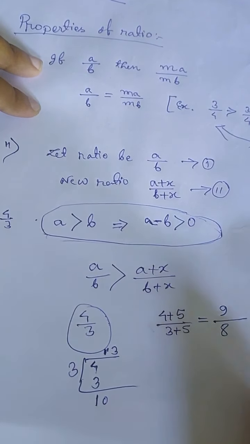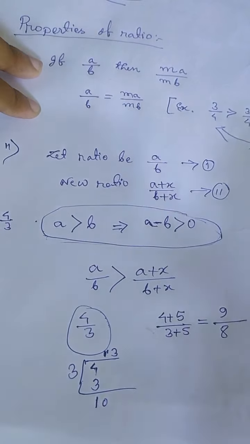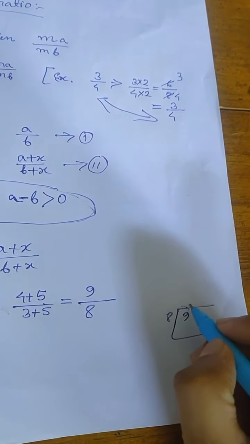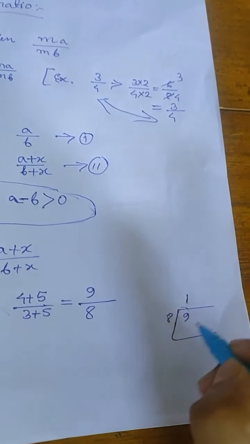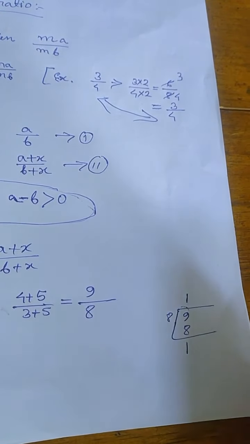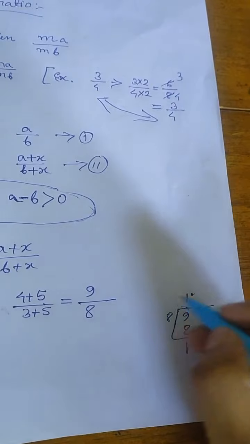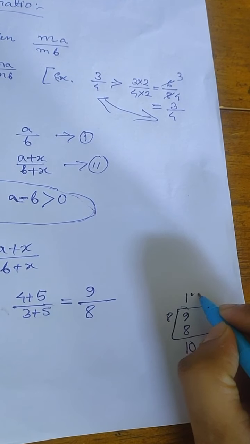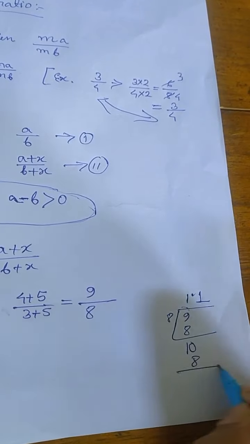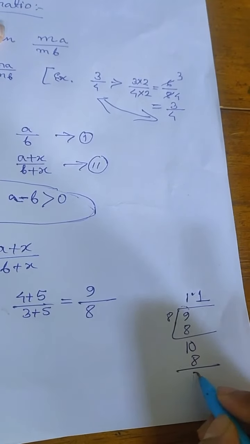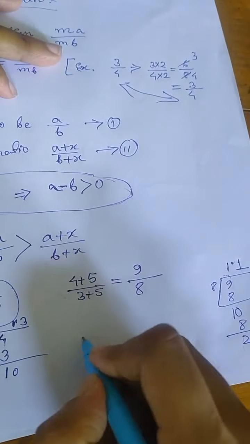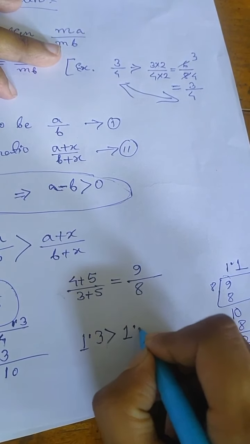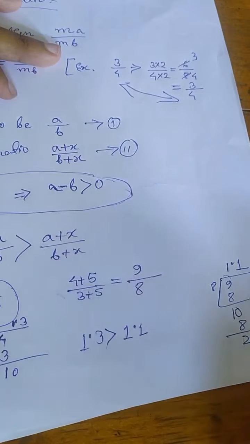Then if we divide 9 by 8, we will get 1.1, something like that. So we see that 1.3 is greater than 1.1.